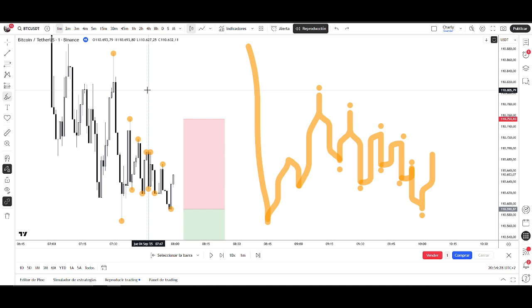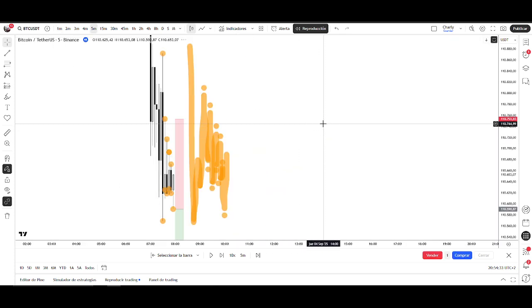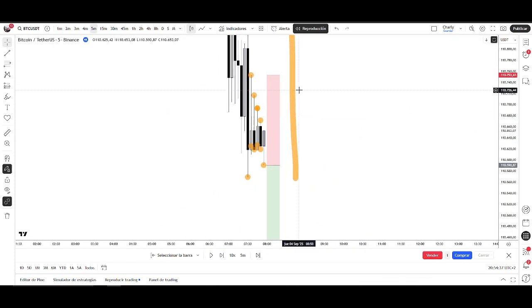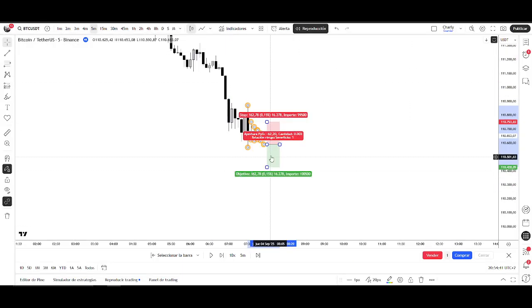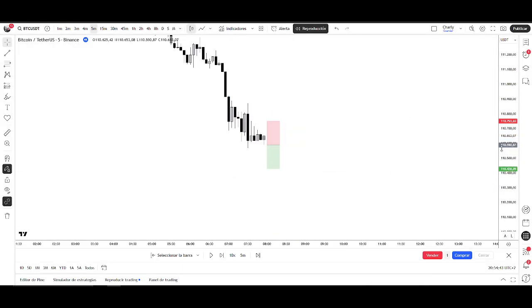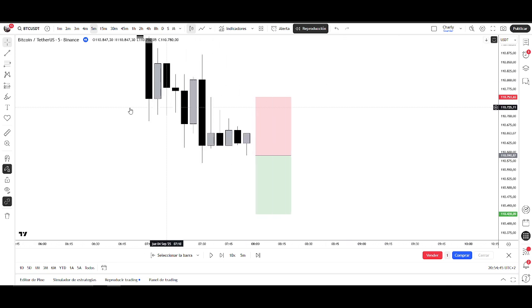So what are we doing here? In the 5 minutes, let's delete everything. Let's remove everything but the tool. Fantastic. So what we have here is market going up.